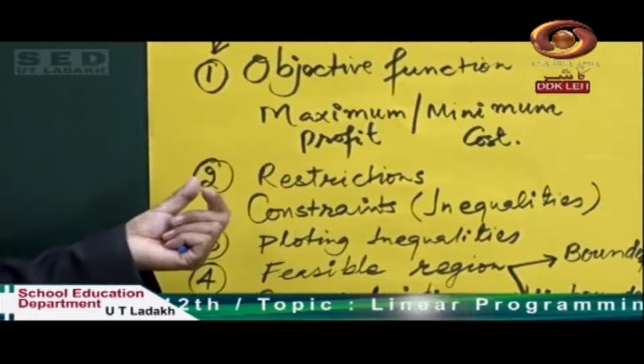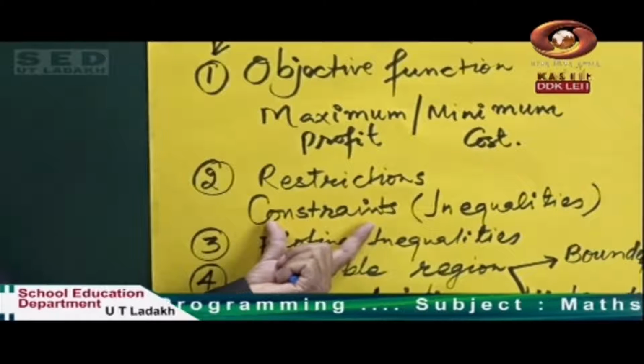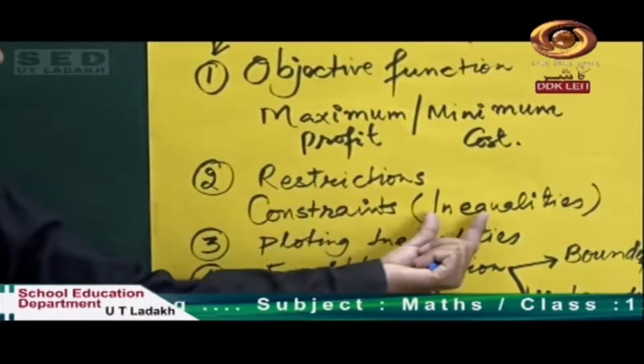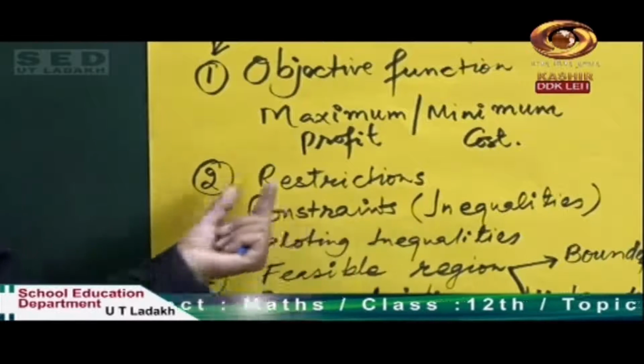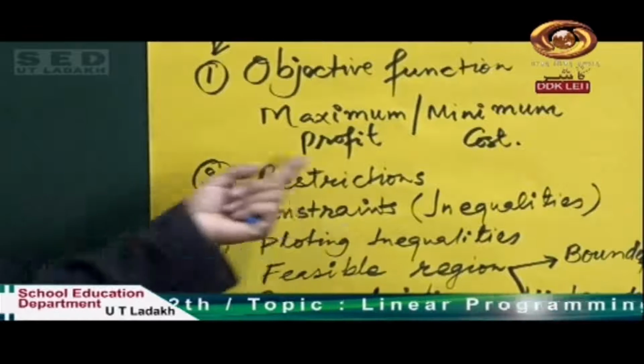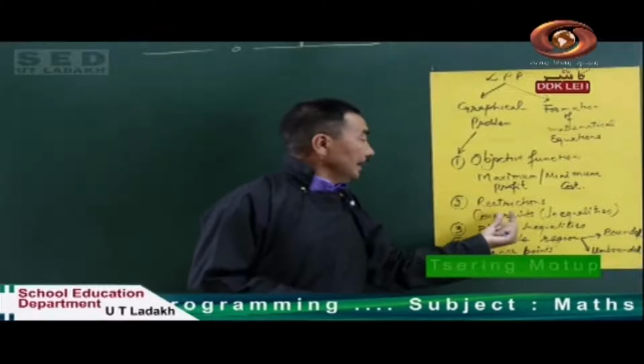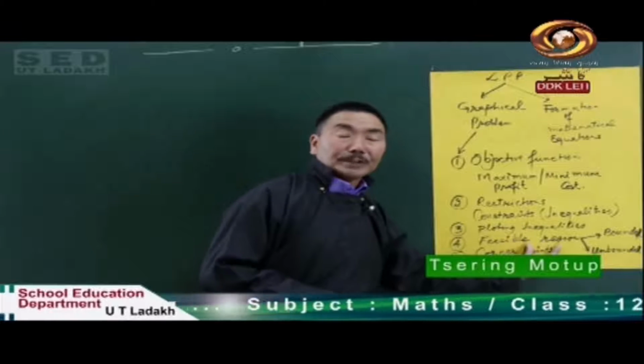we have to find the variables from the constraints, from the restrictions, from the inequalities. These are called the constraints, from which we will find these variables, plotting the inequalities on the graph, and in the graph you will find the feasible region.